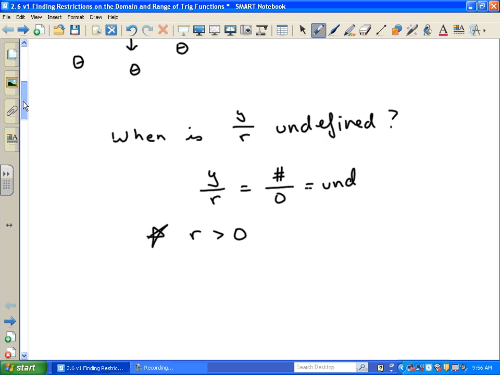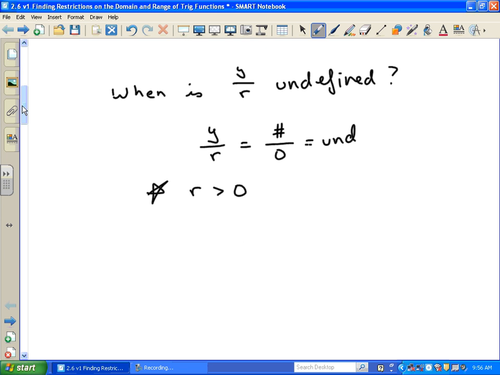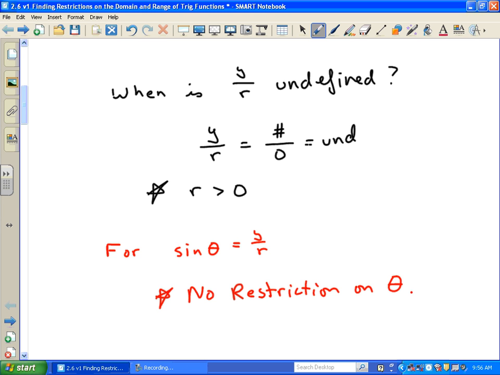What this means is that for sine of theta equaling y over r, there are no restrictions on the value that I can plug in for theta.